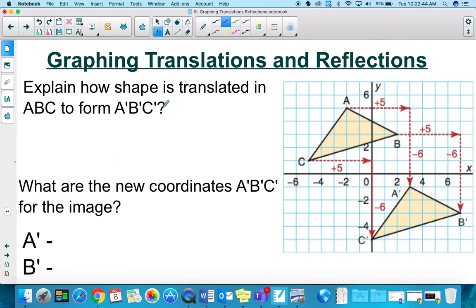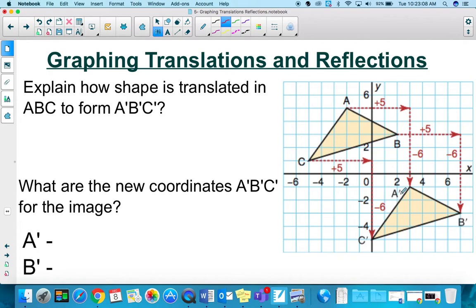So let's just take that stuff back away. It says explain how shape is translated from ABC to form A prime, B prime, C prime. And you're wondering, what do you mean by prime? Well, you'll notice that in the image, the same coordinates are marked there. So we have A, B, and C in the shape, and then we also have an A, a B, and a C in the image.